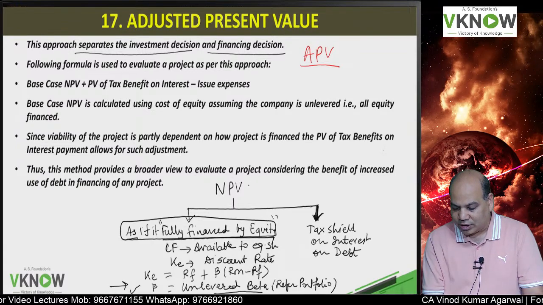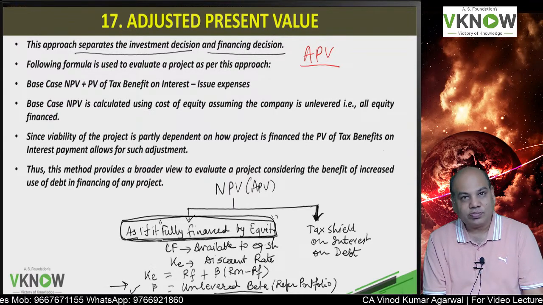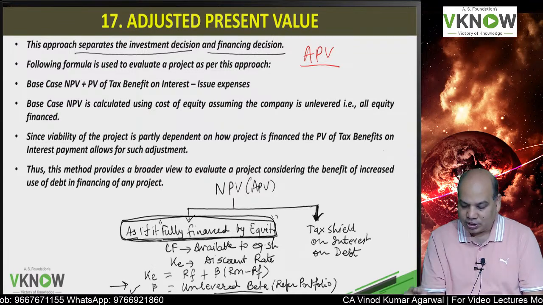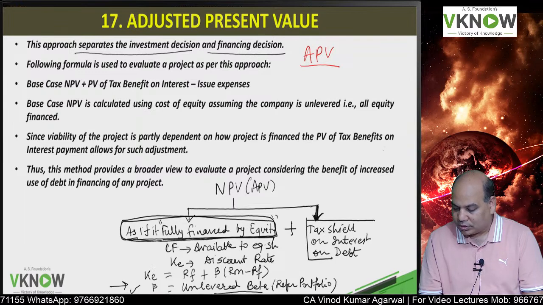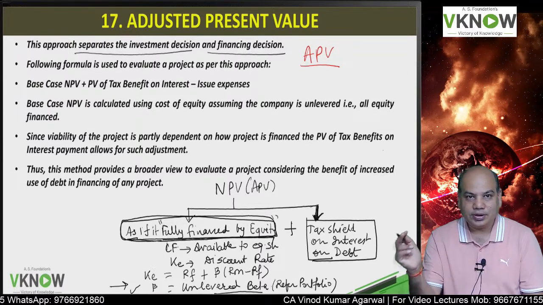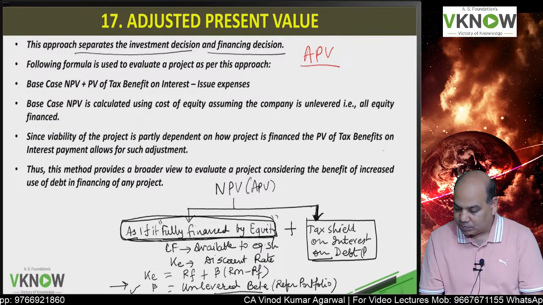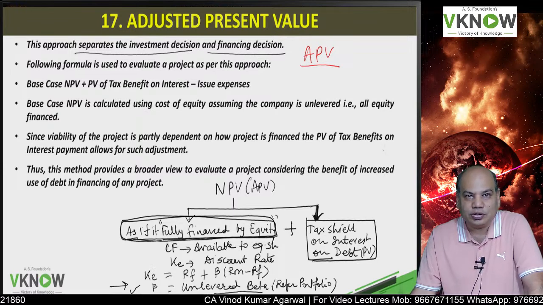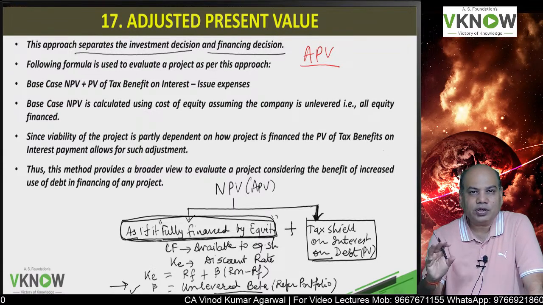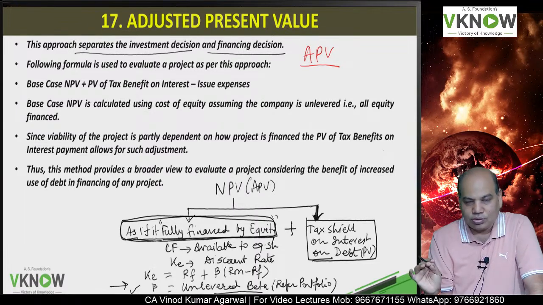So adjusted NPV will be NPV as if it is only financed by equity, that is the investment decision, plus, if you are using debt on which you get tax shield, the present value of tax shield on interest on debt. And in case you have incurred some flotation expense or issue expense, that we are going to adjust.